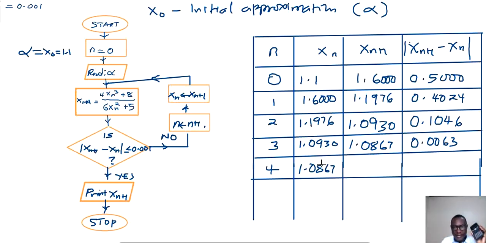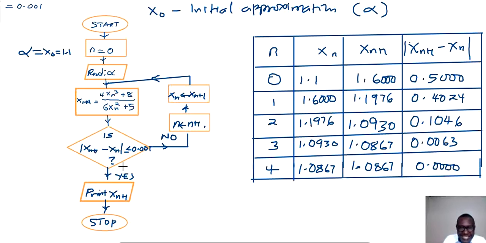Again on our calculator, we have to compute xn plus 1 using this formula here. So we are getting 1.0867. You can see this here is the same value. What does it mean? This minus that, the error is going to be 0.0000.